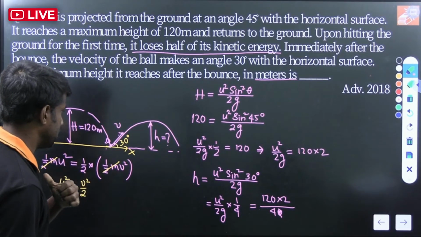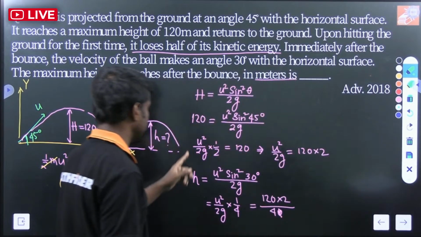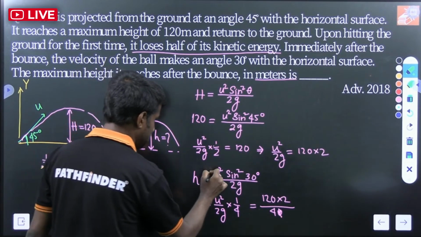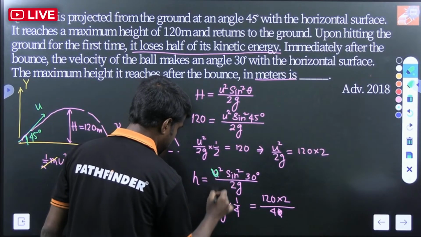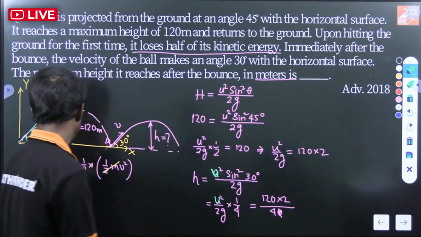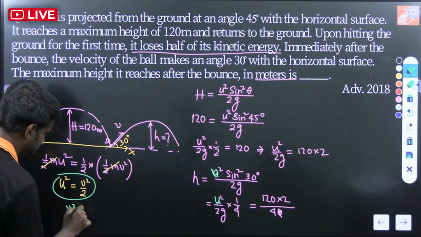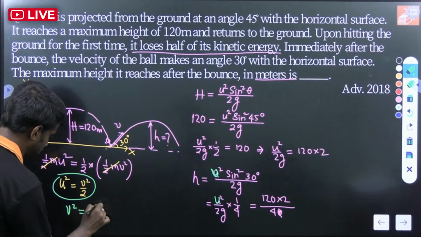Wait, one mistake we have made here. See, that velocity should not be u here. When h is equal to, that should be v. So this will be v. We can put the v value from this relation: v square equal to 2 u square.